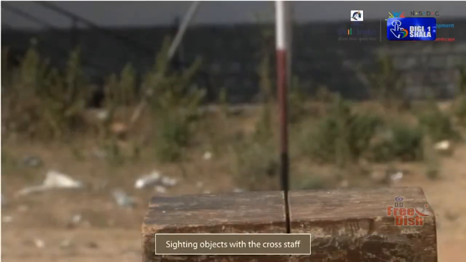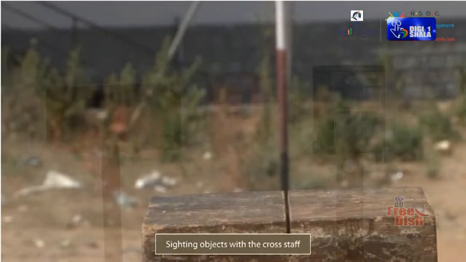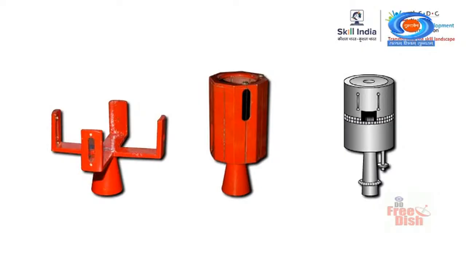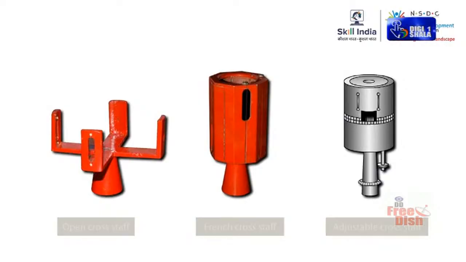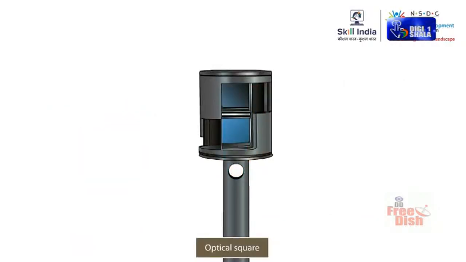To calculate right angles with the cross staff, you should sight the ranging rod on the survey line with one pair of vanes and then sight another object with another pair of vanes. The different types of cross staff are open cross staff, French cross staff, and adjustable cross staff. The other instrument is the optical square, which uses reflection to calculate the right angle.